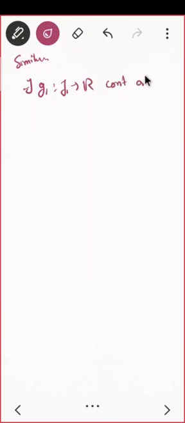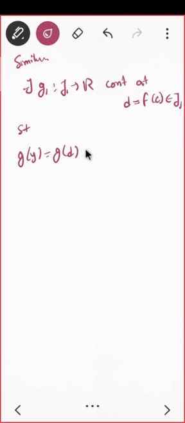So similarly, there exists g1, which is again from J to R, continuous at the point f of c. So I can consider that point as d. Let d equal f of c, which belongs to J, such that g of y equals g of d plus g1 of y into y minus d.